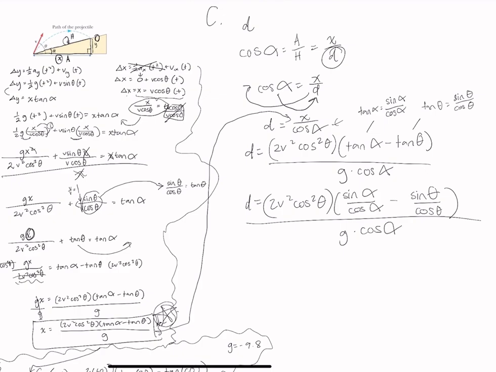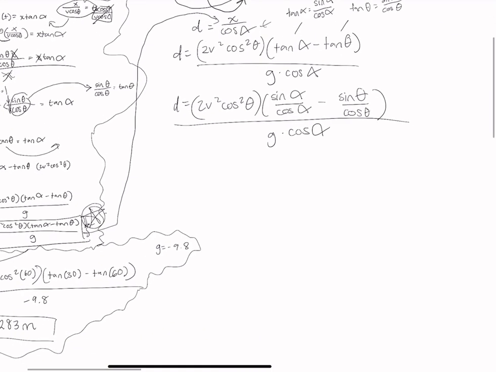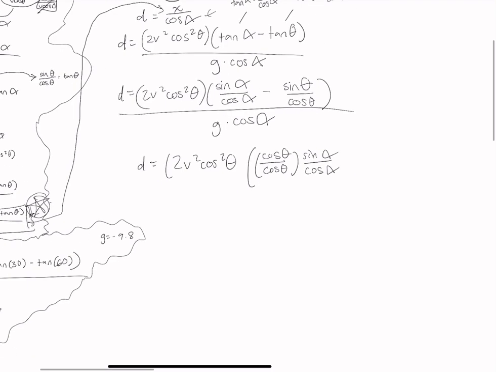So what we're going to do here is actually combine these two fractions by using like terms. We can multiply this by cosine theta over cosine theta, because cosine theta over cosine theta is just equal to 1. So we're not changing the value, but we are making it so that we can combine these like terms into one fraction. This side, we're going to multiply by cosine of alpha over cosine of alpha.